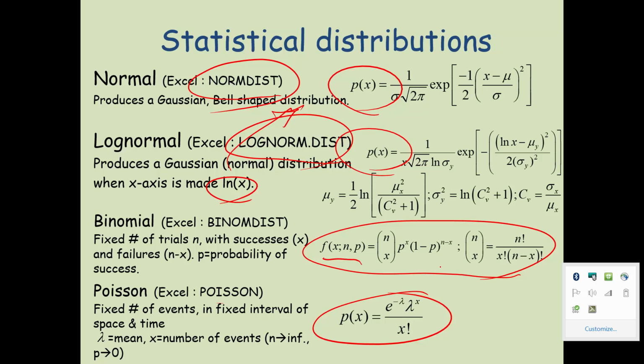And this is given by this function here: the quantity inside the parentheses, n x, times p raised to the x times 1 minus p raised to the n minus x.